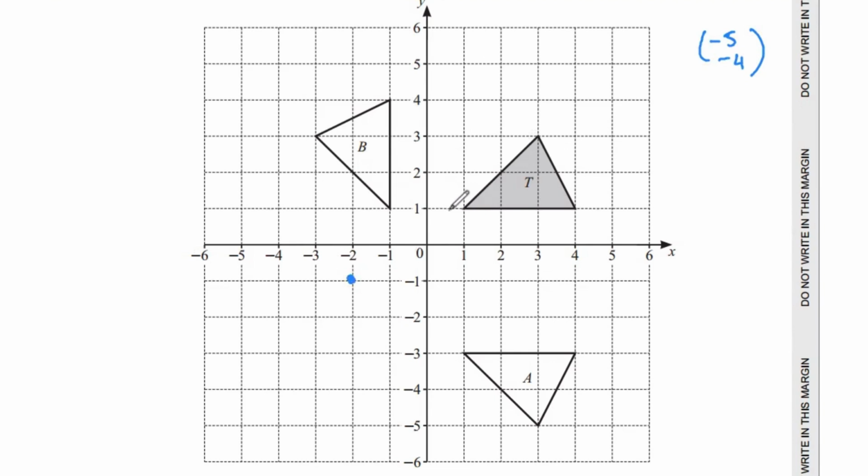This is the translation after being translated by the vector negative 5, negative 4.